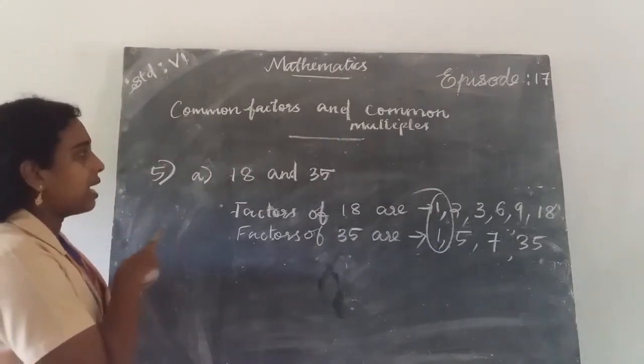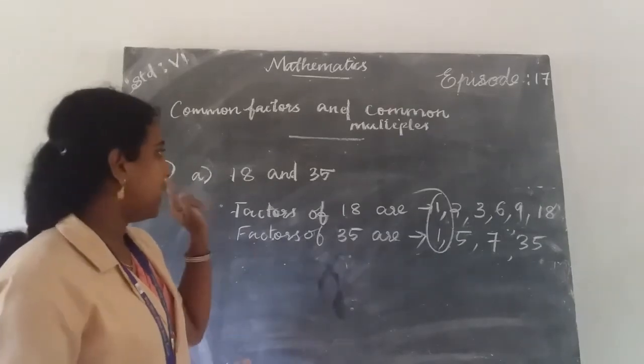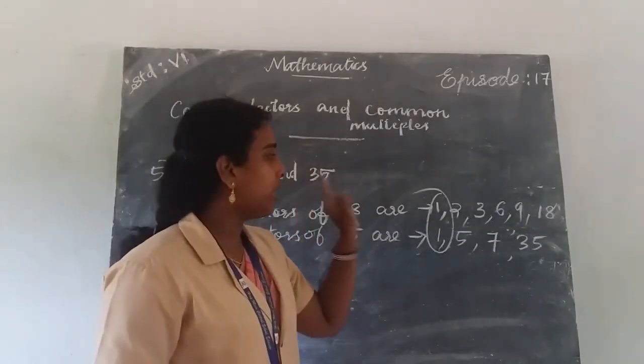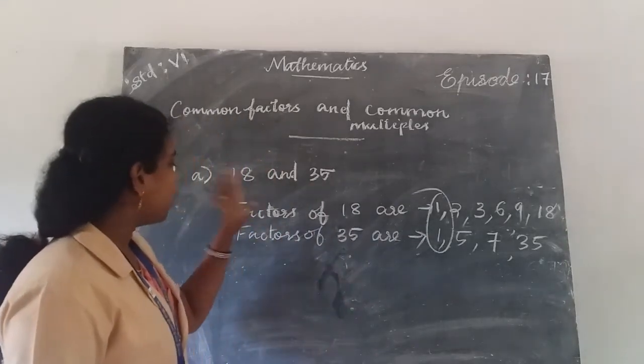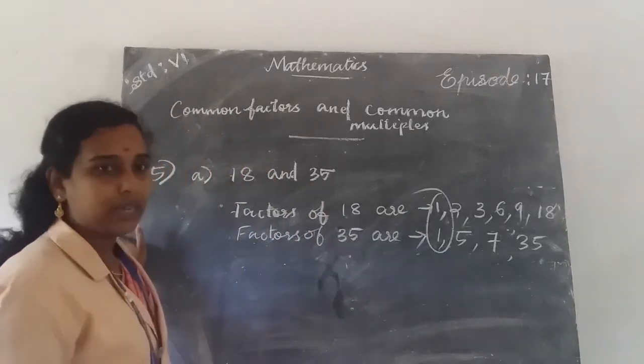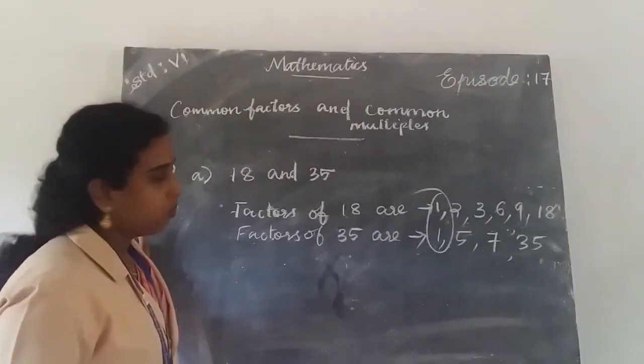Then we can say that 18 and 35 are co-prime numbers because these two numbers have only 1 as their common factor. So these given numbers are co-prime numbers. Here one is the only common factor.